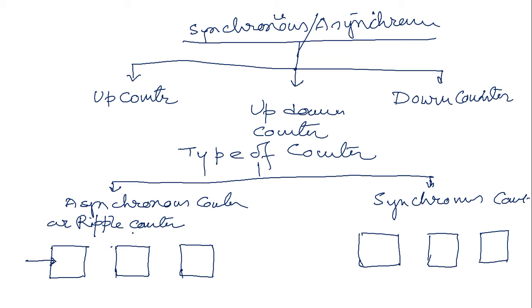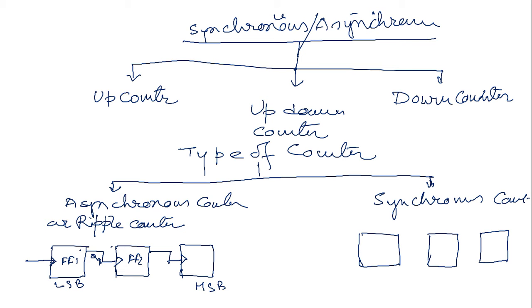This one is the LSB and this one is the MSB. So the clock is provided to the LSB, and the next flip-flop gets its clock from the output of the previous one. So this Q1, the output of flip-flop 1, gives the clock to the next flip-flop. Again, if it is FF2, this output gives the clock to the next flip-flop.